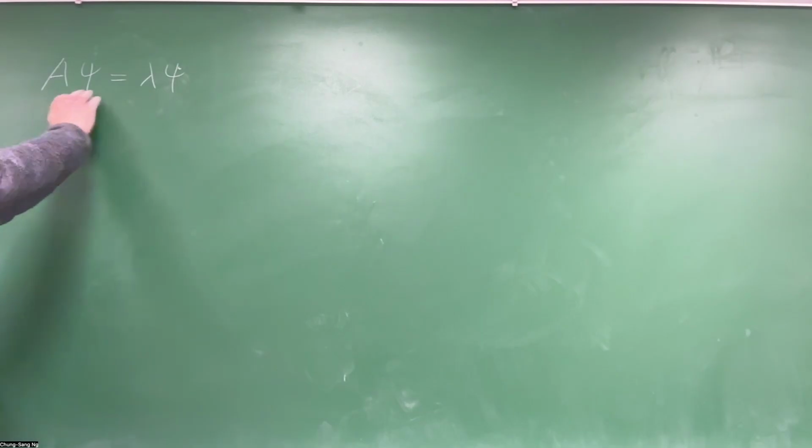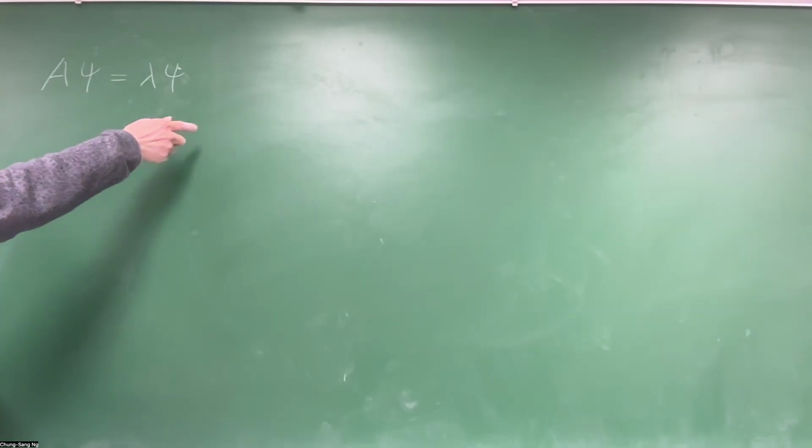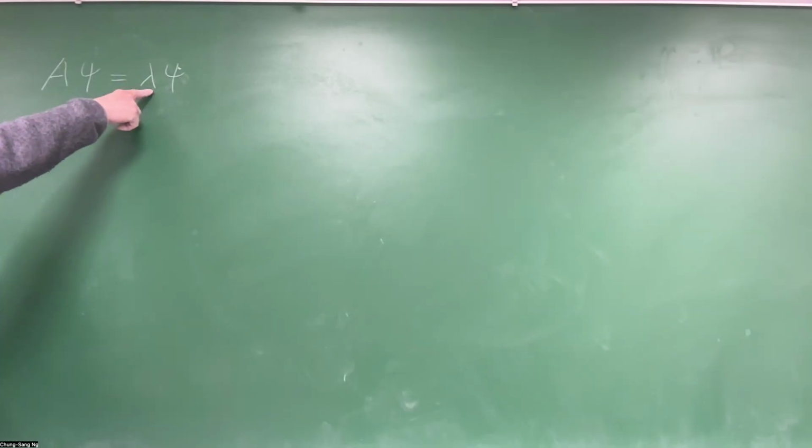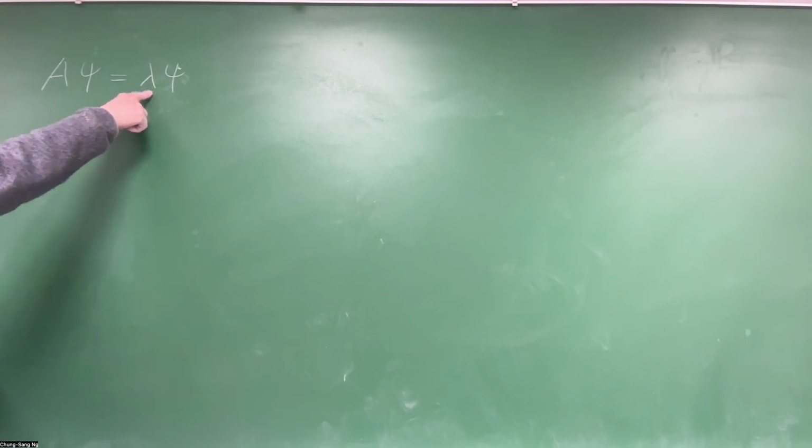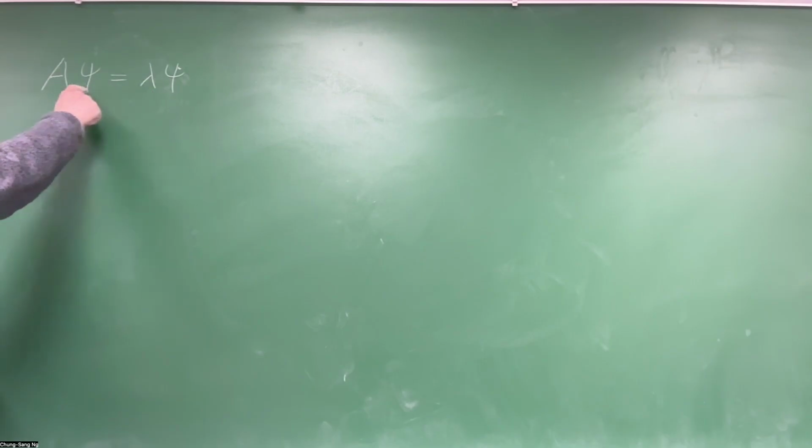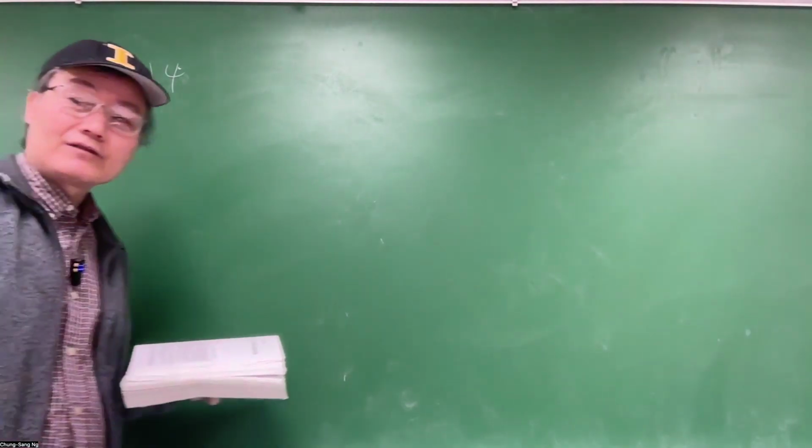But whatever that is, it satisfies this kind of equation. The equation is to solve for this proportionality constant, which we call the eigenvalues, and also for the psi corresponding to the eigenvalue. Those are what we call the eigenvectors.